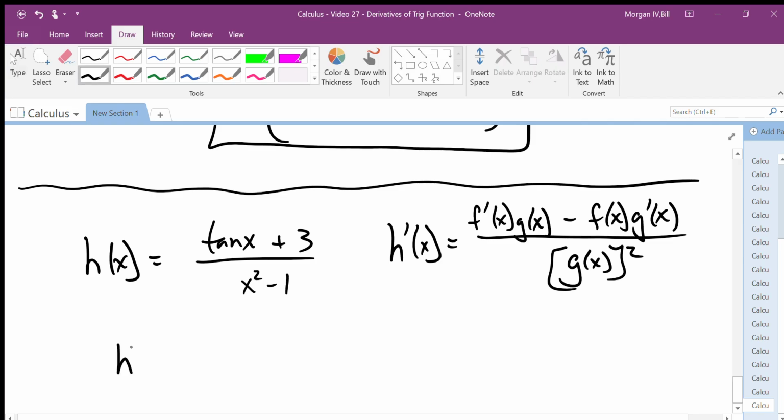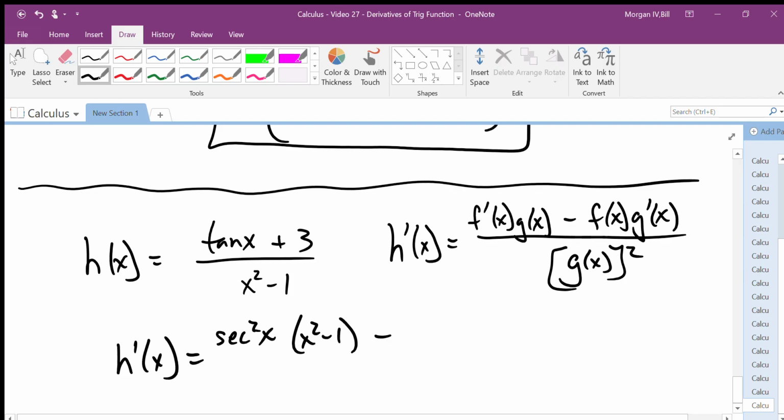We have h prime of x is equal to f prime, the derivative of tangent, that's secant squared of x, times g of x, don't forget that part, times g of x, x squared minus 1, minus, okay, I kind of skipped over this. The derivative of tangent of x was secant squared of x. The derivative of 3 is 0, right? The derivative of the constant is 0, so I didn't put that part.